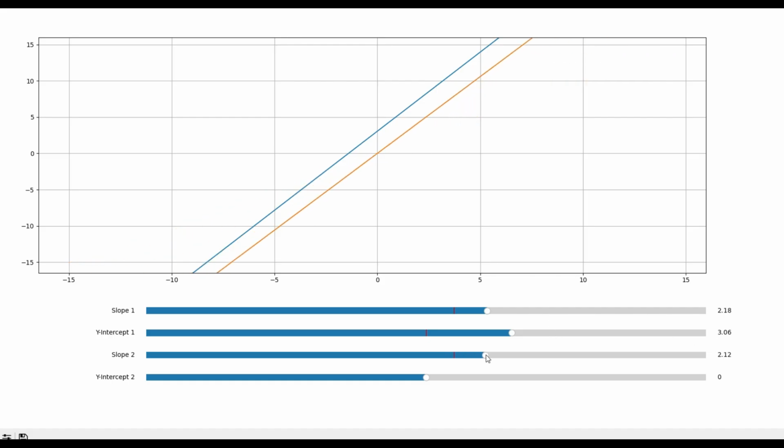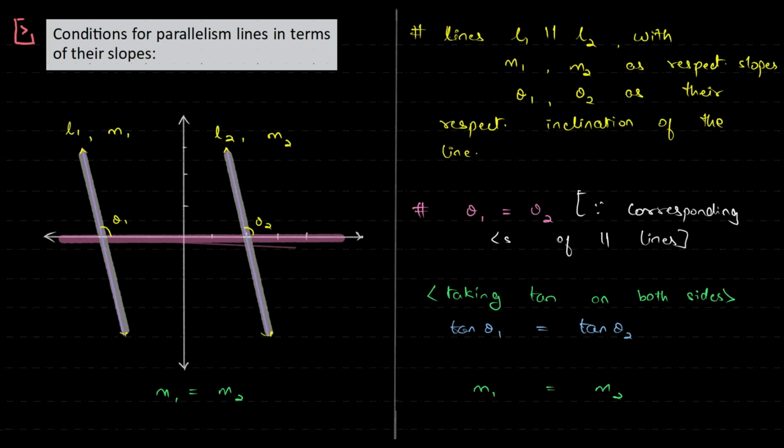If I happen to make both of them to be of the same value, okay, we can see that again they are parallel. So if I increase this, they will overlap. Does it make sense? So two lines are said to be parallel if their slopes are equal.